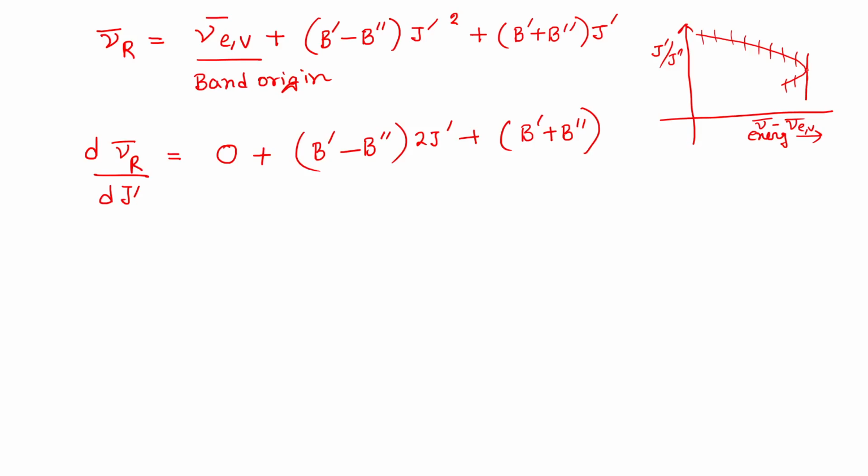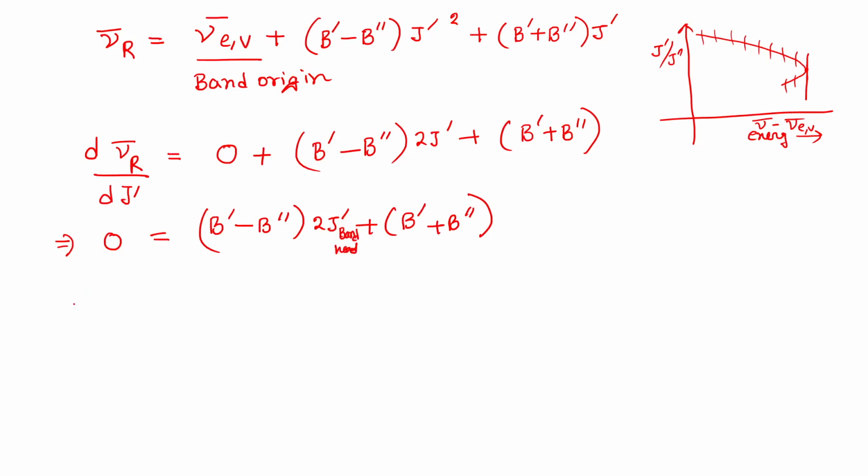So at this point your slope is zero. So this is again zero, right? Zero equals B prime minus B double prime, 2J dash plus B dash plus B double dash. And this J double dash is your band head.